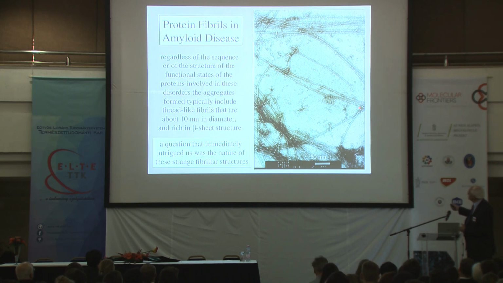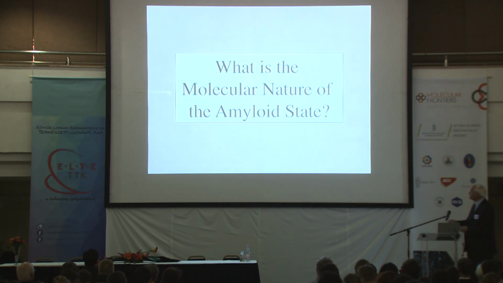They're long, thin, they can be microns in length, typically 10 nanometers in diameter, lots of beta sheet structure, and they look essentially the same whichever disease you look at, even though the place of deposition and the symptoms are completely different. And so we really became fascinated by this, and asked, what's the nature of the amyloid state?